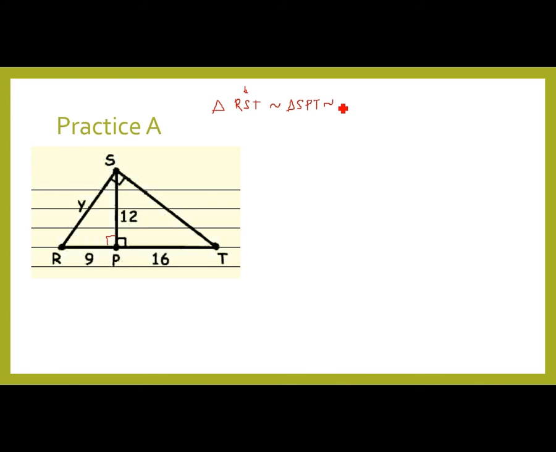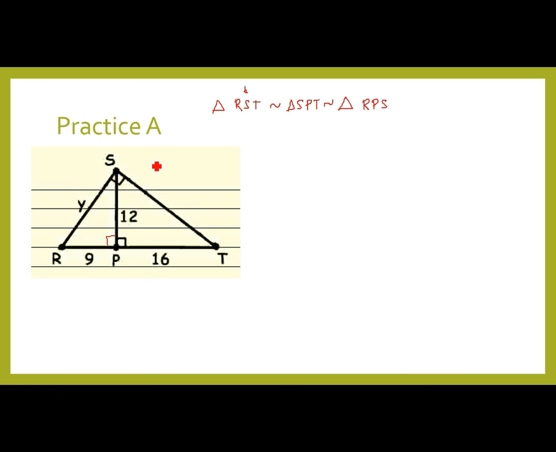And that's also going to be similar to this triangle over here, where the small side is going to go from R to P to S. So you can kind of see what sides and what angles go together. Now this is a little bit tricky, but we're going to try to set up these proportions to find out what y is.